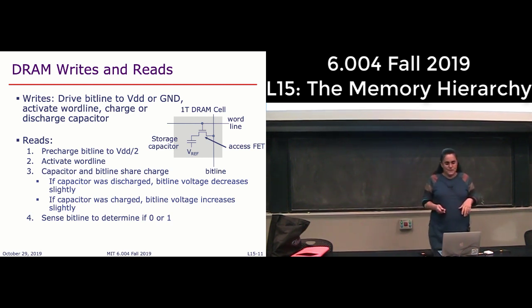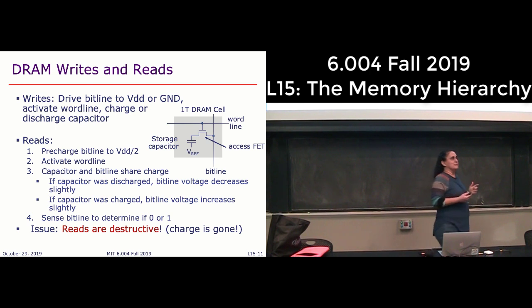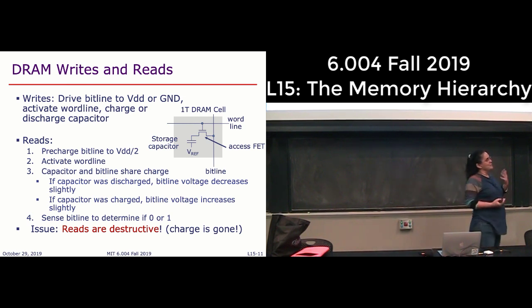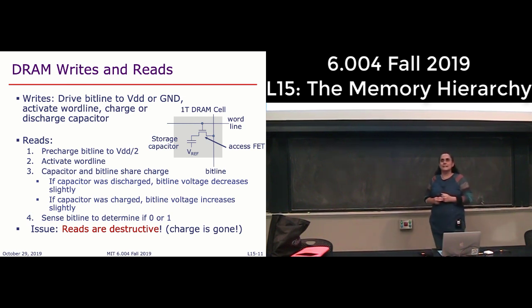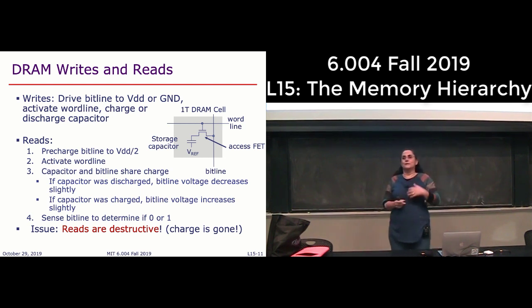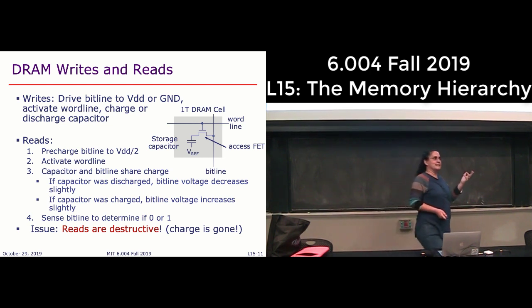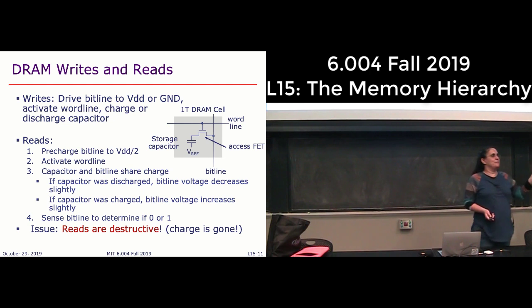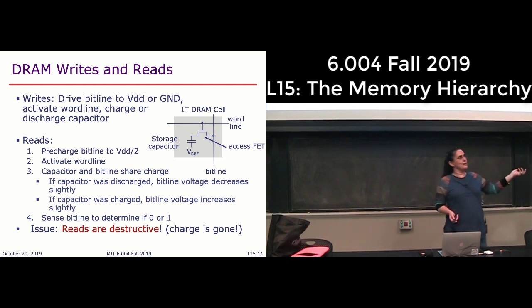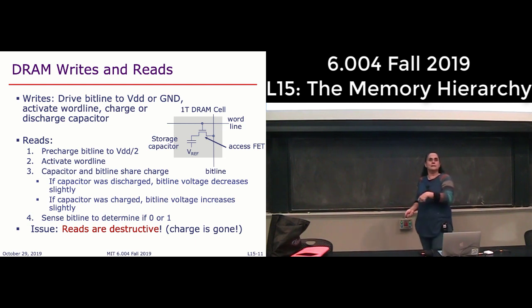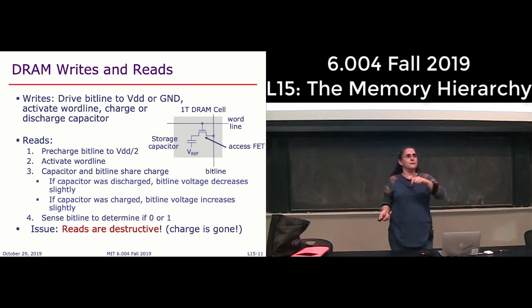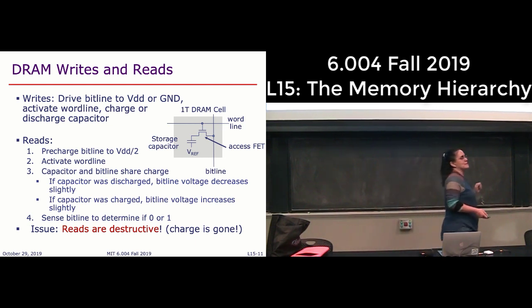Okay? And so the key problem, however, is that if you look carefully at how you're doing these reads, when you're reading a value of 1, for example, your capacitor is getting discharged, and its charge is being shared with this bit line. Similarly, when you had a value of 0, you're actually somewhat charging your capacitor. And so basically, reads are destructive.